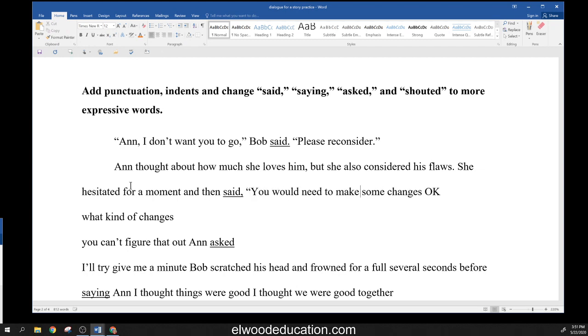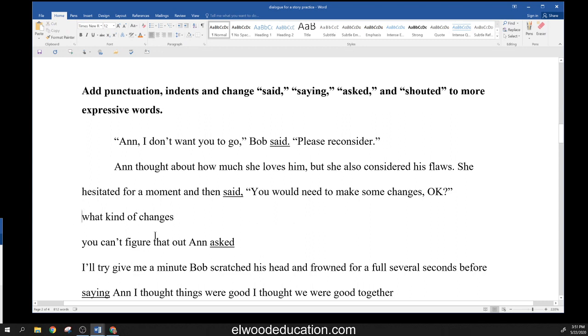You would need to make some changes, comma, okay. Now, this is called a tag. When you have this little itty-bitty question at the end of an independent clause that is a statement, that means we just tagged it on at the end there.